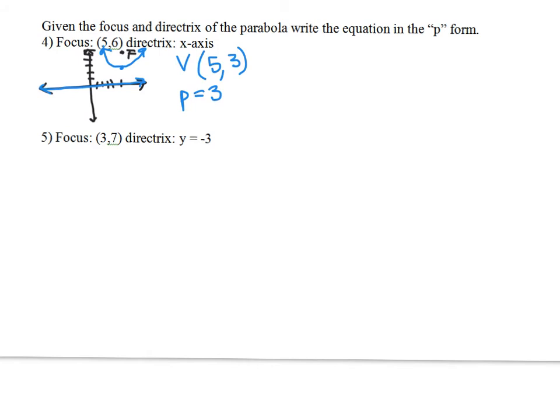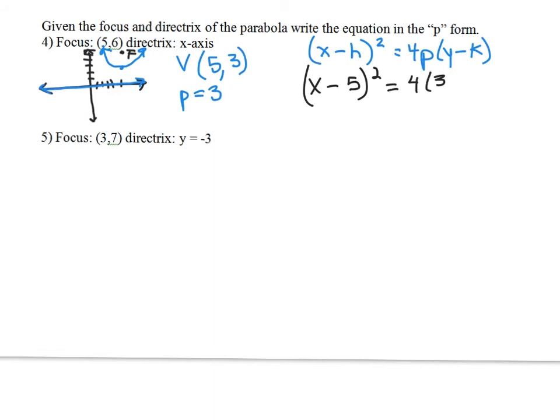Now this is an up and down parabola, so that tells me I'm going to do x minus h squared equals 4p times y minus k. Let's substitute these numbers in. So x minus the x-coordinate of the vertex, square that, equals 4 times 3 times y minus the y-coordinate of the vertex.